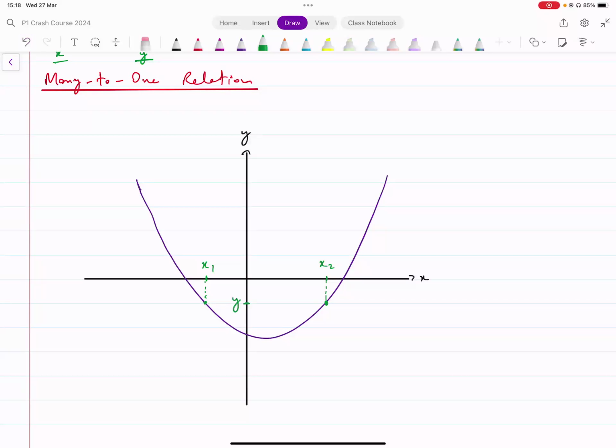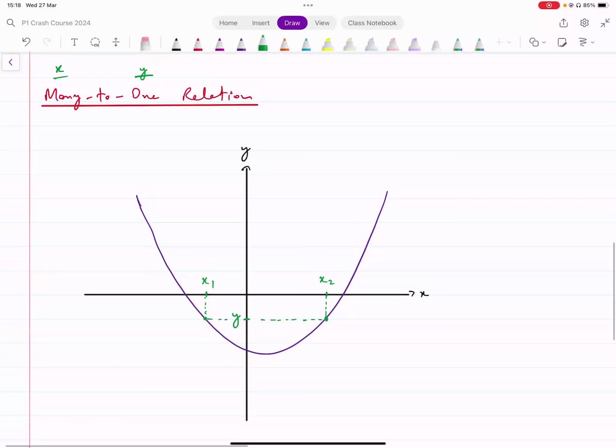We're getting the same y value at two different x values. That means many x, multiple x, are giving us a single y, one y. So that's a many-to-one relation. Multiple values of x are giving us a single value of y.